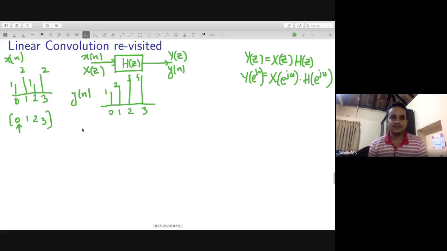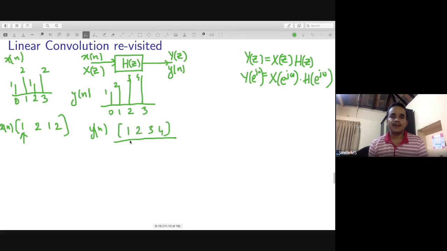So you have the arrow at n equal to 0, you have 1, then 2, 1, 2, this is x[n]. And the other signal you represent as 1, 2, 3, 4, and you have the arrow here.